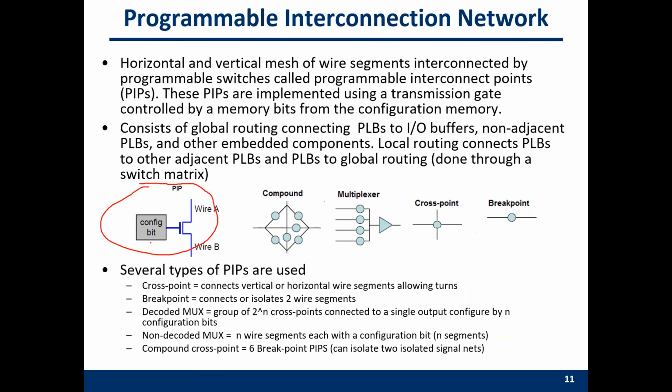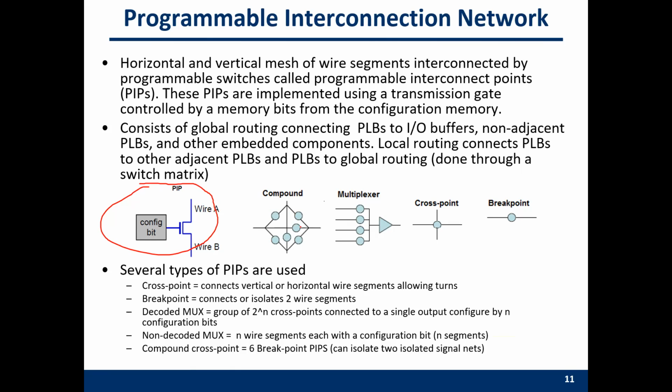So this configuration bit can serve as a configurable latch. If you set it to 1, then A and B are connected. If you rewrite it to 0, then they are disconnected. So it's just a switch.